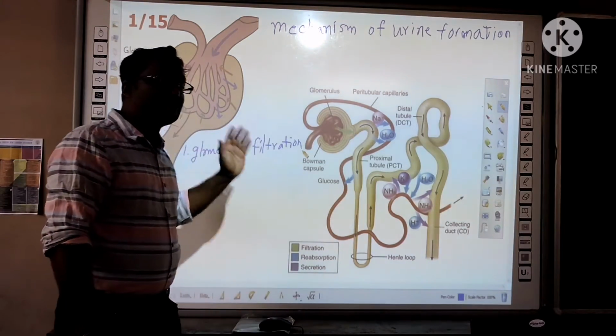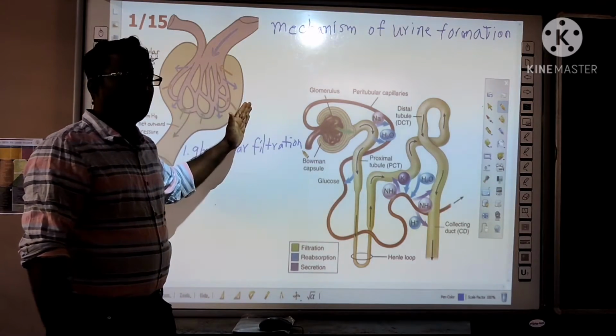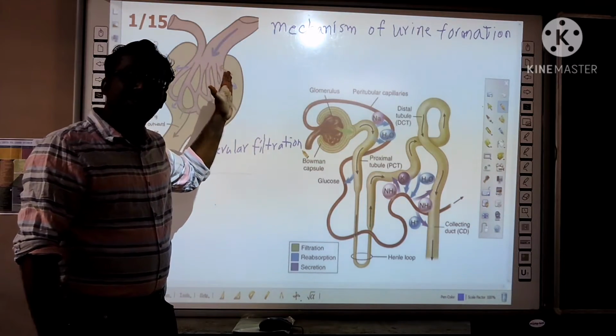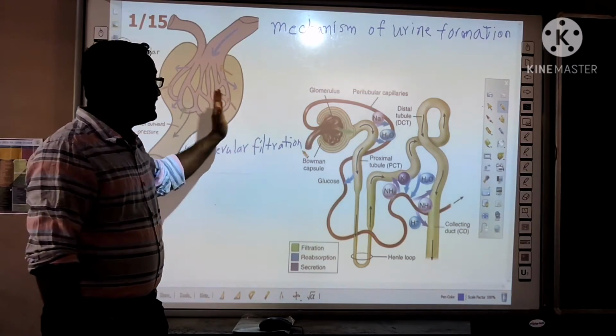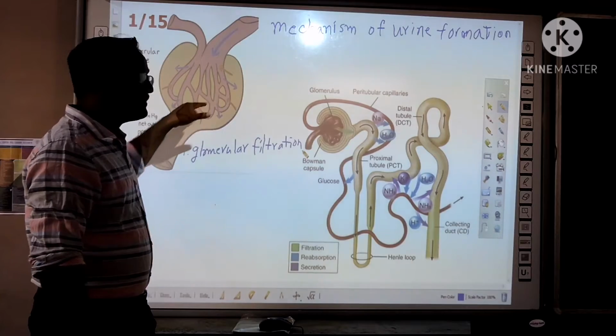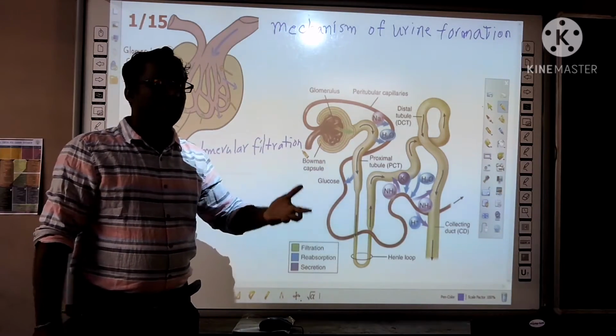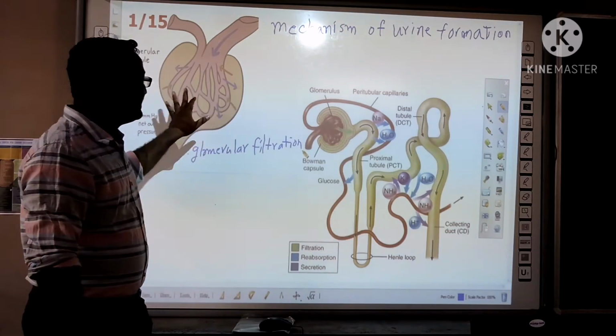Due to the pressure, all the nitrogenous waste along with other useful material is separated from the blood. Solid materials are not separated. That means the blood cells, RBC, platelets, white blood cells are not separated.